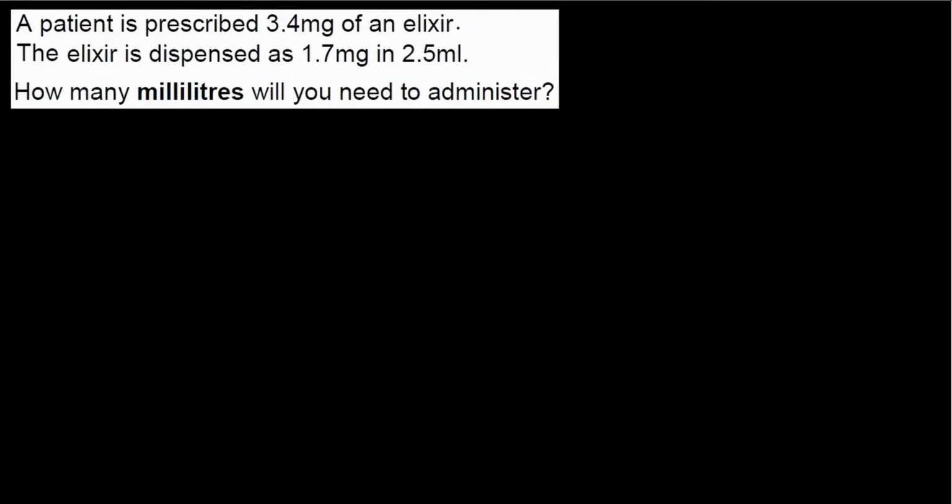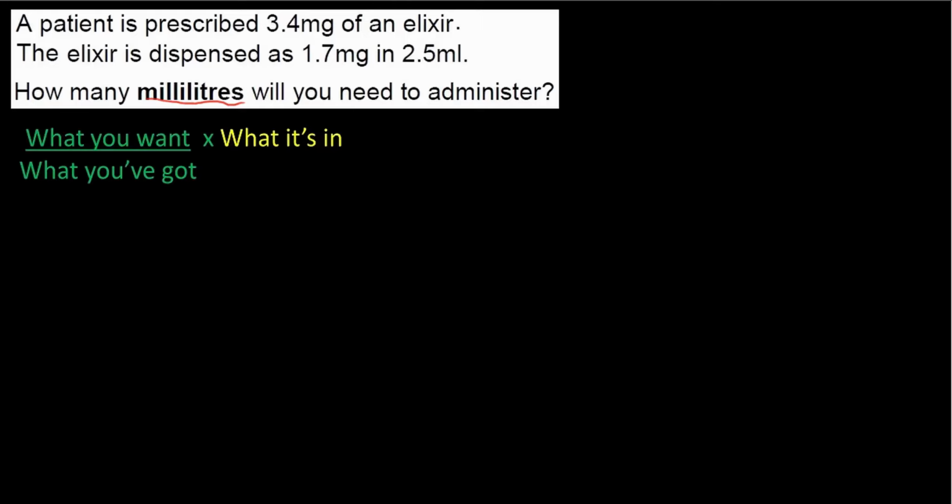A patient is prescribed 3.4 milligrams of an elixir. The elixir is dispensed as 1.7 milligrams in 2.5 milliliters. How many milliliters will you need to administer? So there's the units of my final answer, and this question is a classic liquid dose, and for that we use a formula which we've seen earlier on, something like what you want over what you've got times what it's in.